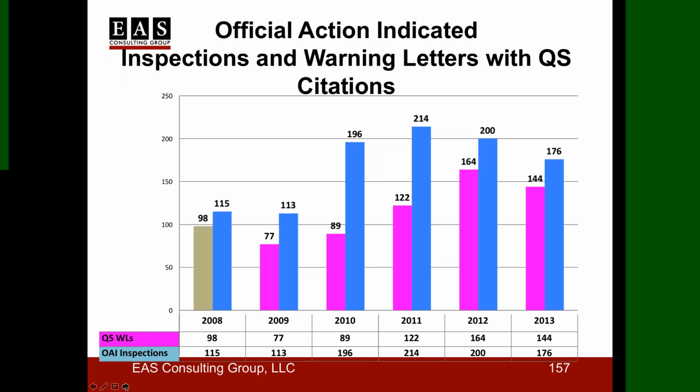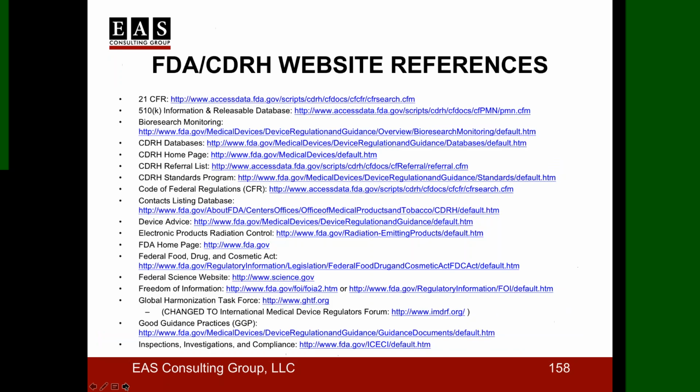Here are the different inspections that were done for each year. This is foreign and domestic. So you can look at some of these trends throughout the years and make your own conclusion. Basically, what it's saying is that even though companies may change, FDA is going to make sure that you comply with the law and regulations.